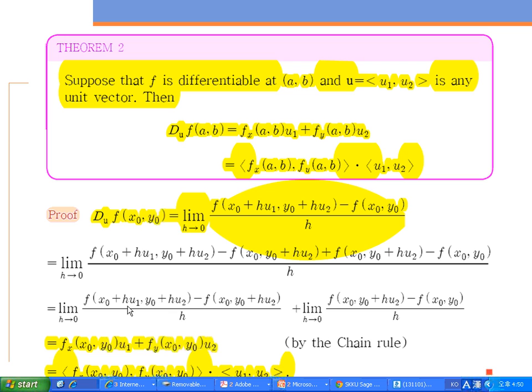As you see, the first part can be written as the partial derivative of f with respect to x times u1, and the second part can be written as the partial derivative of f with respect to y at the point (x0, y0) times u2. So this can be written as an inner product of two vectors: one is the unit vector, and one is the gradient of the given function.